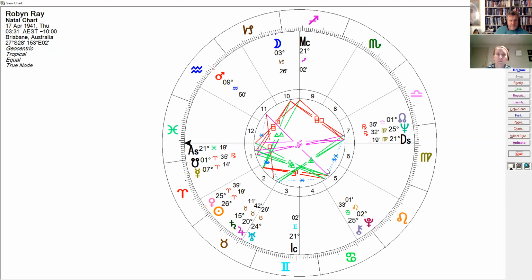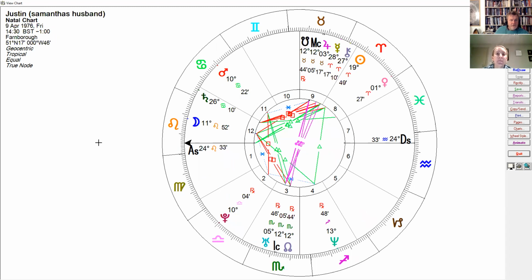And is it your brother Justin? Yes. Who has, as you can see here, all his planets pretty much in the Southern Hemisphere, in the top half of the chart. And he has quite a public position. He's the guy behind the scenes rather than someone who's actually noticed, but what he does is seen by millions of people, technically.